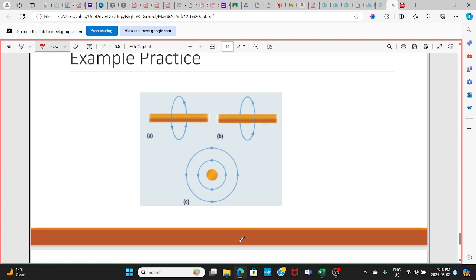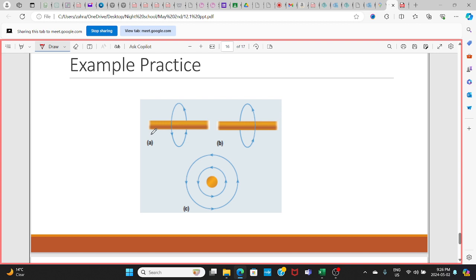So this is another example. Now I need to know the direction of the current. This is the magnetic field, meaning your forefinger is bending around the wire like that. What would be the direction of the current for A? Would it be to the right or left? Can anyone turn on the mic and tell me?